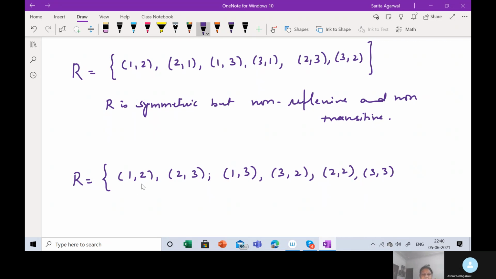This R is symmetric but non-reflexive, non-transitive. So it is transitive but it is not symmetric and non-reflexive. But non-symmetric and non-reflexive.